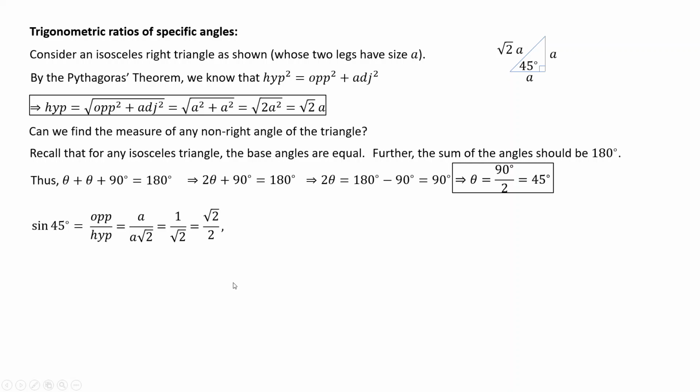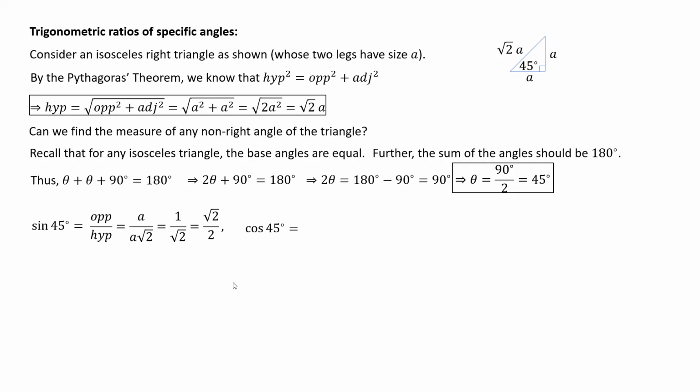Man, for the first time, you have found the trig ratio of a particular angle. From now on, like bragging rights, hey dude, check this out. Do you know what sine of 45 degrees is? You're like, I don't know, man, what is it? And you can go, that's square root of 2 over 2.